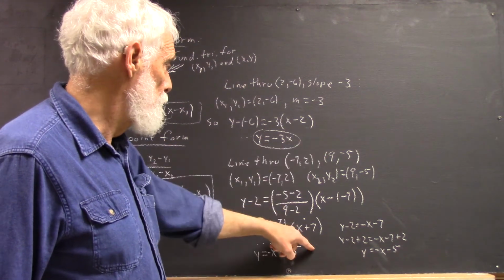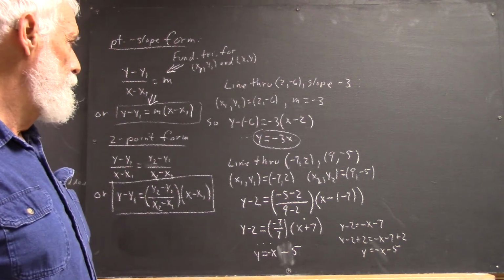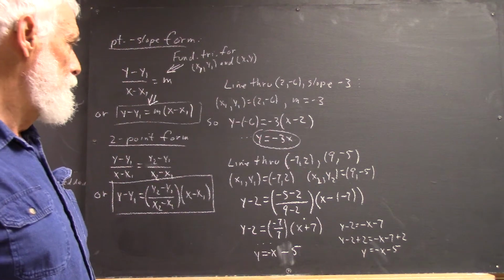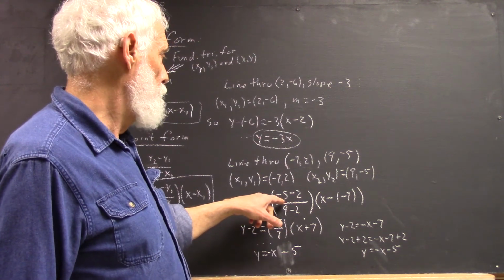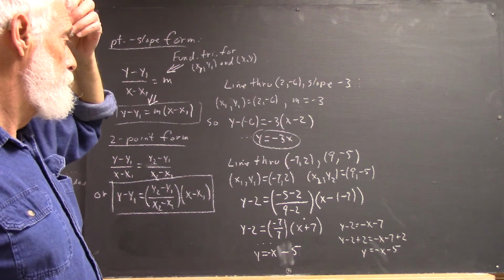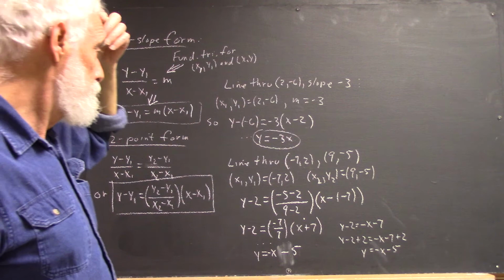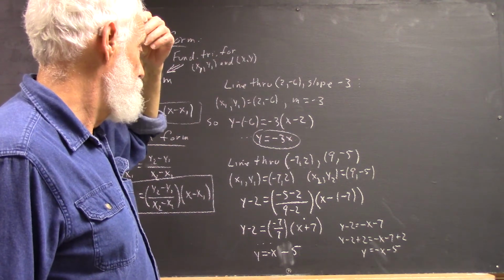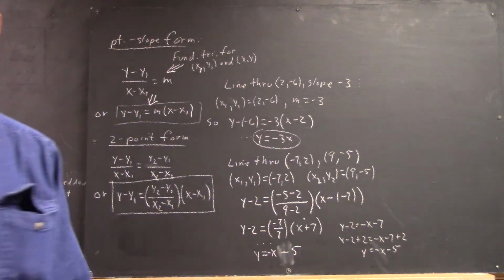But this point doesn't appear to work, which means I've got something wrong involving the 9 and the negative 5. But let's see. That's x2, it's 9, and y2, uh-oh. No, sorry. I still don't find an error, but there is one.